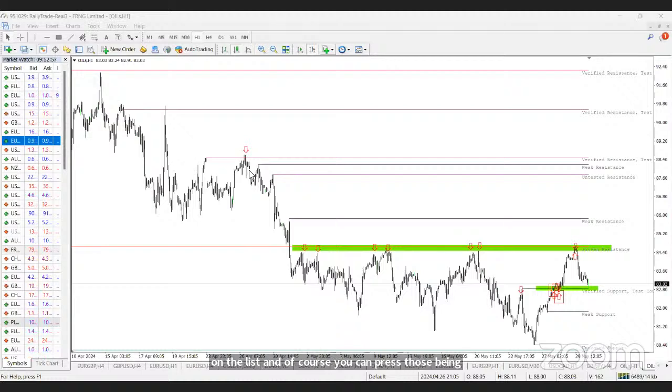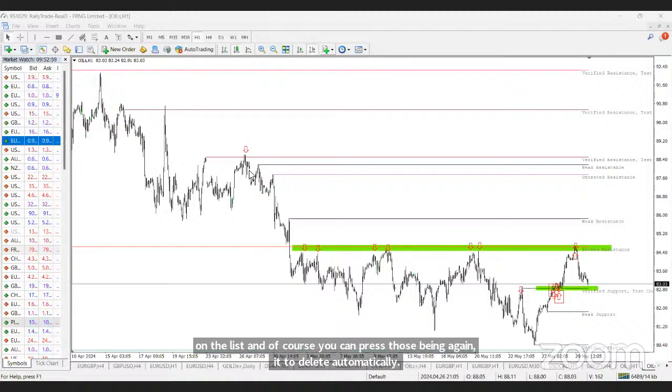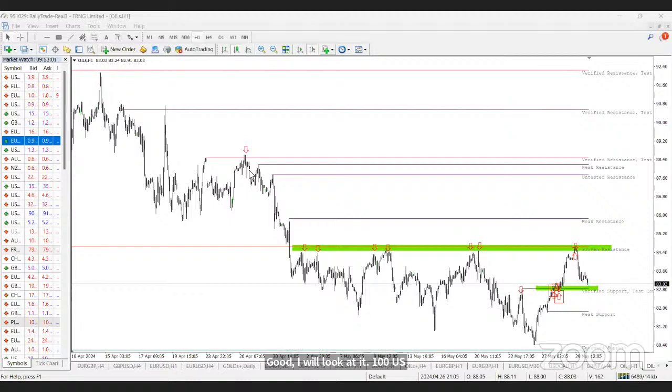Now, good, I will look at it. US 100. What of turncoat support? Adedotu is asking me, what does turncoat support mean? Well, turncoat means betrayal. Is it betrayal they call it? Betrayal. Turncoat is synonymous with betrayal. For example, a region has been tested and trusted not to permit price to go somewhere.